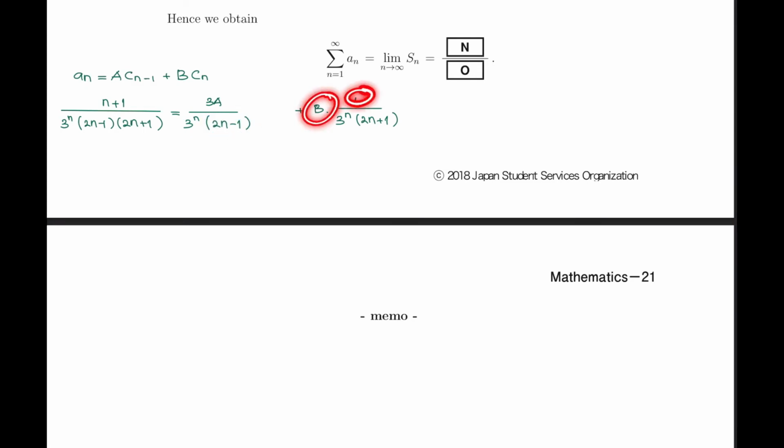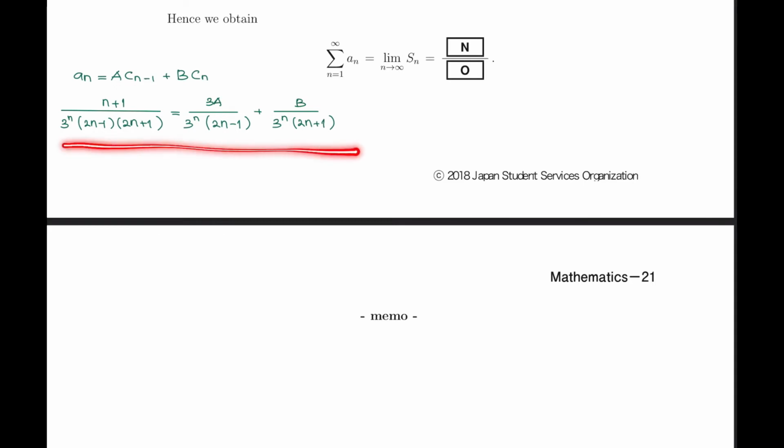And then B times 1, I will get B. We got this expression at the end, and I have to find the value of A and B. What is the value of A and B?